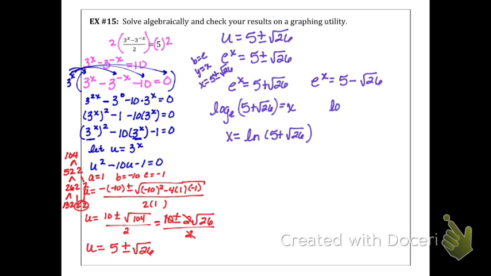I'm going to do the same thing here. So I have log base e of my x equals the y. And so x equals a natural log of 5 minus square root of 26. Well, square root of 26 is 5 point something, because the square root of 25 is 5, so this is a little bit more. So if I take 5 minus 5 point something, that's going to be negative. So this solution does not work. That's that extraneous solution.